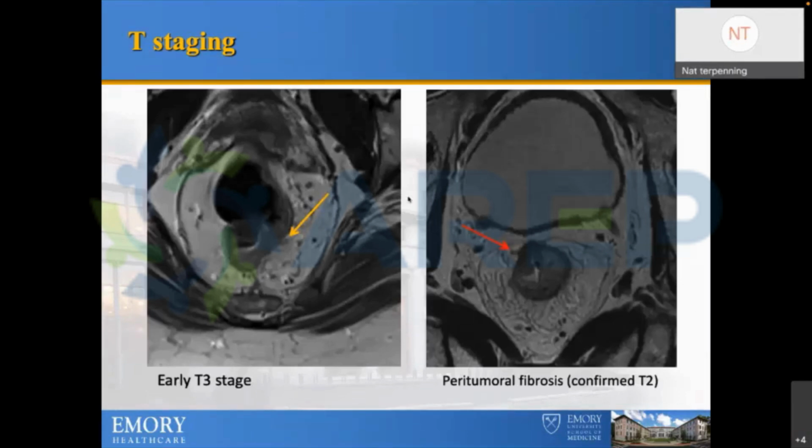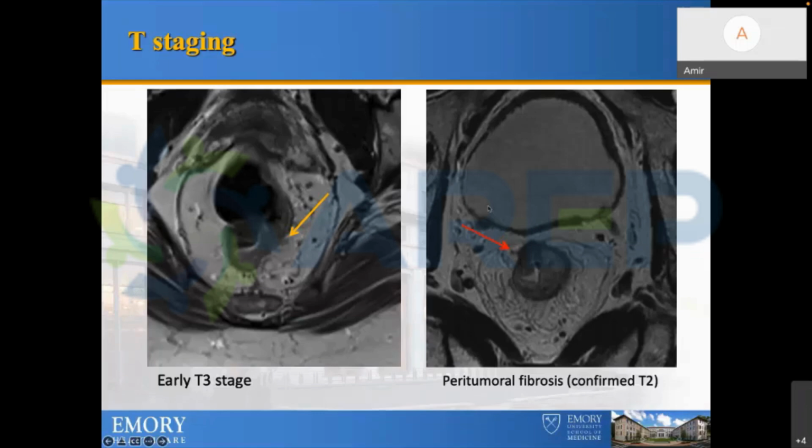So I was trying to put emphasis on this. See, this one has a very intermediate T2 signal, and then you see this nodule that's coming out. If you see that, you call this T3 stage. But sometimes you don't know if there's a little bit of tumor here and then a band here. You don't know if this is contiguous with tumor. Is this dark band a desmoplastic reaction?